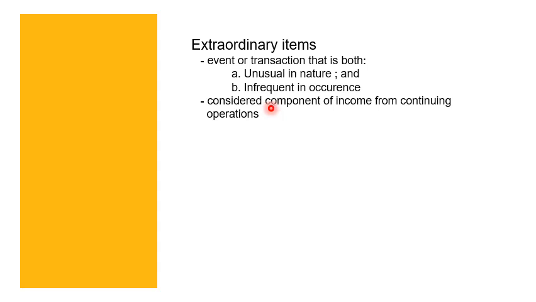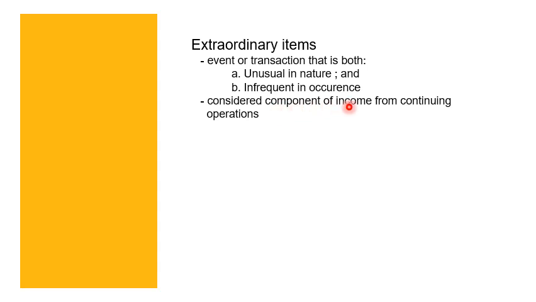Okay? So, hindi naman natin ina-expect na lagi magkakaroon ng fire, okay, lagi magkakaroon ng fire loss. So, unusual in nature and infrequent in occurrence. Or let's say, yung mga for the past several years ng entity, hindi naman nagkakaroon ng losses dahil sa fraud, pero this time nagka-fraud. Okay, so extraordinary items yun. And dati kasi merong separate accounting sa extraordinary items, pero ngayon, sa standard ngayon, wala na.